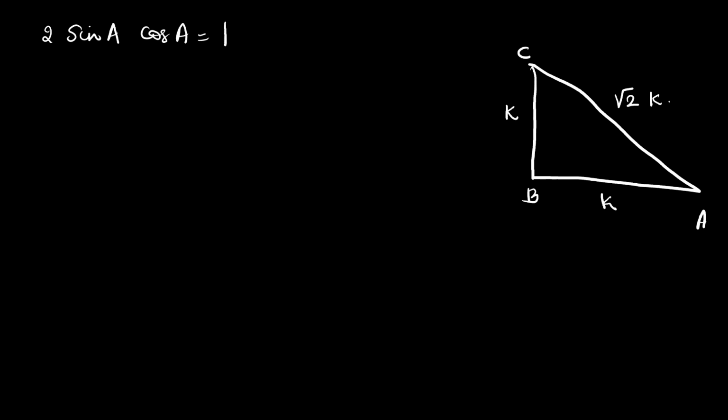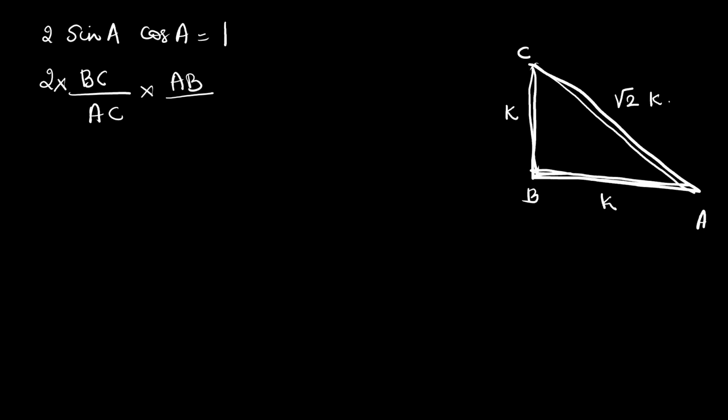Now what is sin A? 2 into sin A, which is opposite side by hypotenuse. This is the opposite side, that is BC, by hypotenuse AC, into cos A, which is adjacent side by hypotenuse. AB is the adjacent side, AB divided by hypotenuse AC.